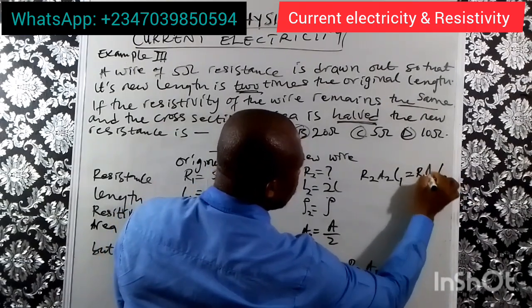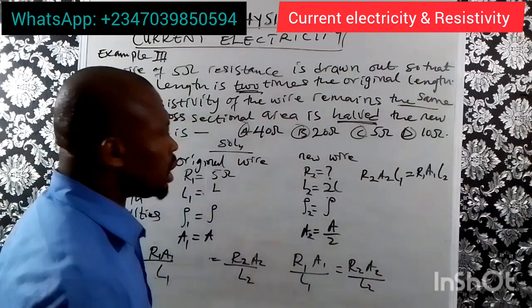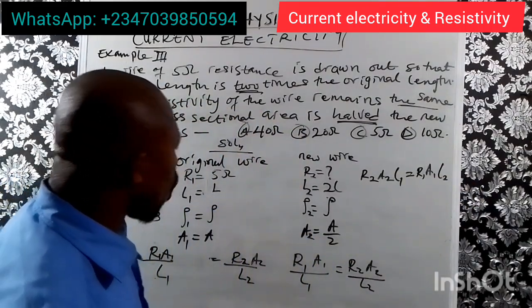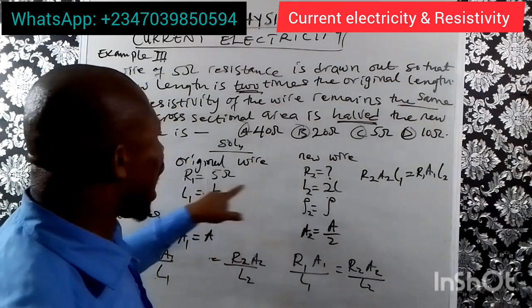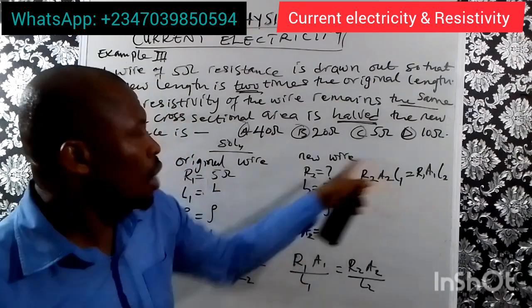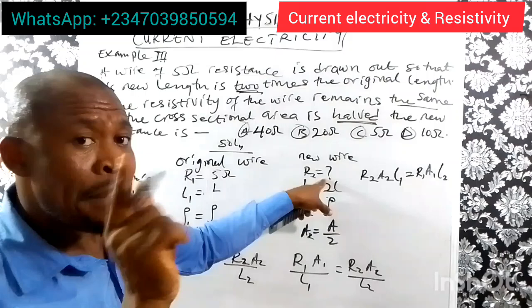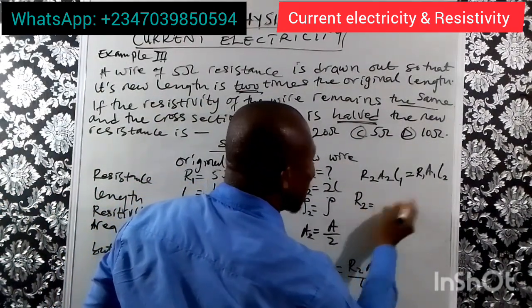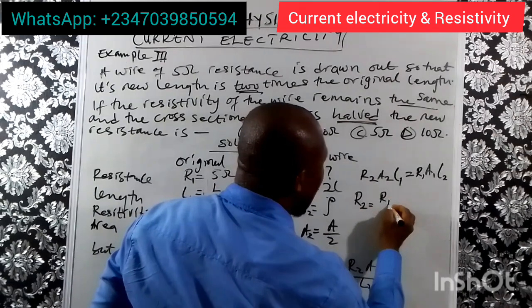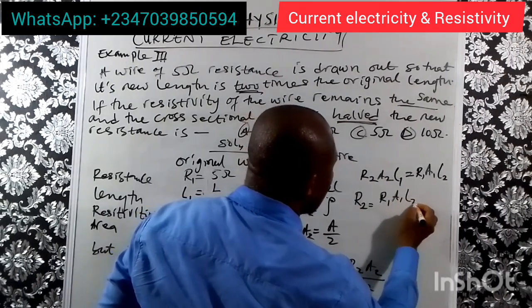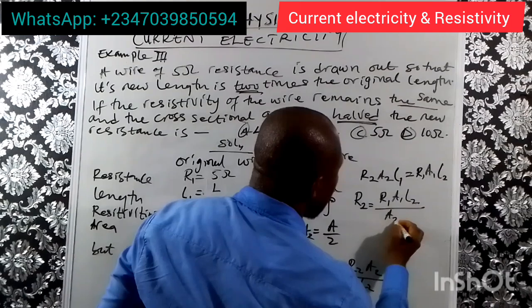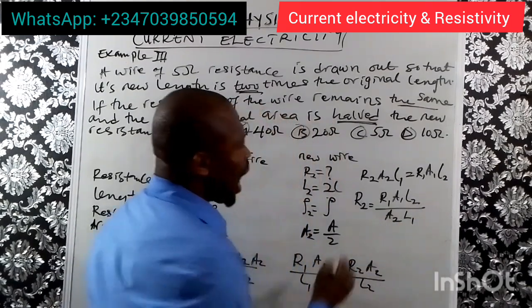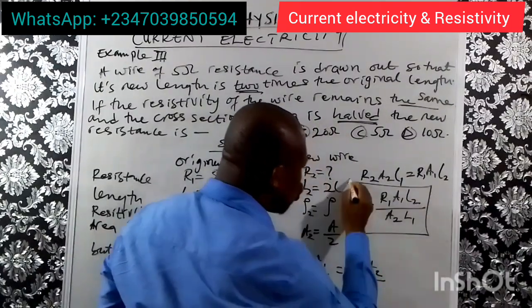We are looking for R2, so make R2 the subject. R2 will now give us R1 A1 L2, all over A2 L1. This is the formula to use.